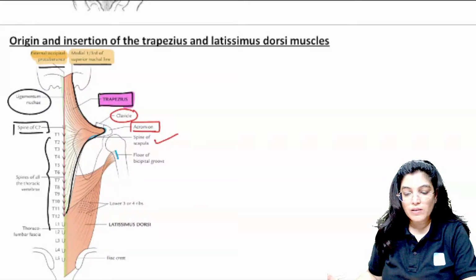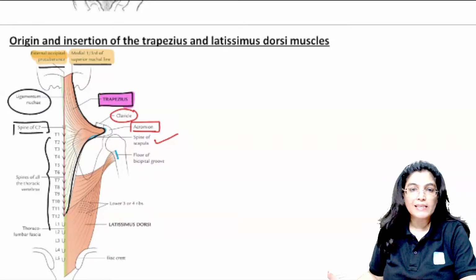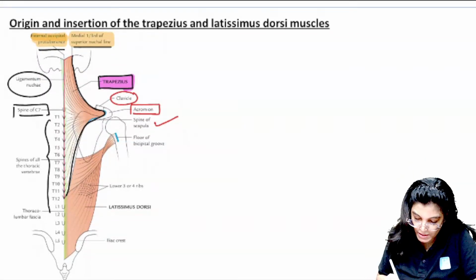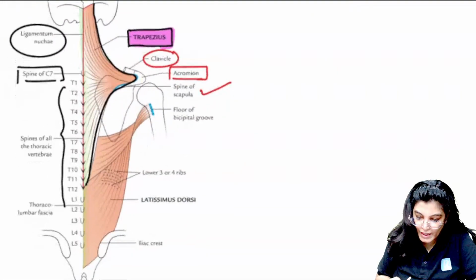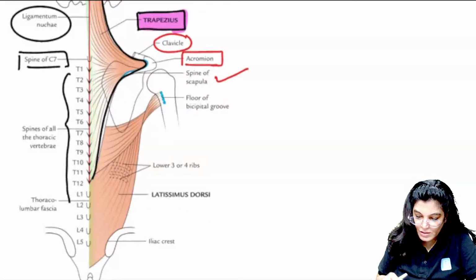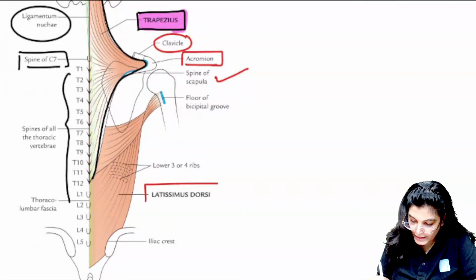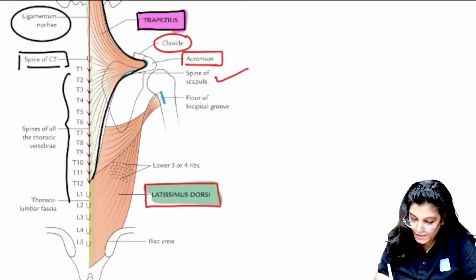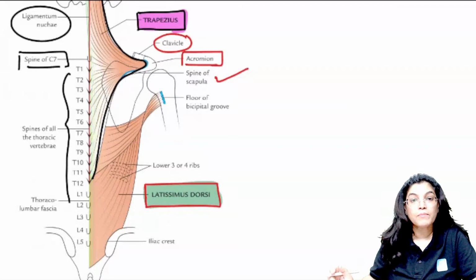If you want, we can also discuss here itself the latissimus dorsi muscle, because in this image we have also seen the latissimus dorsi muscle. So if I just enlarge it, the next muscle I want to discuss is the latissimus dorsi. It's another bulky muscle.